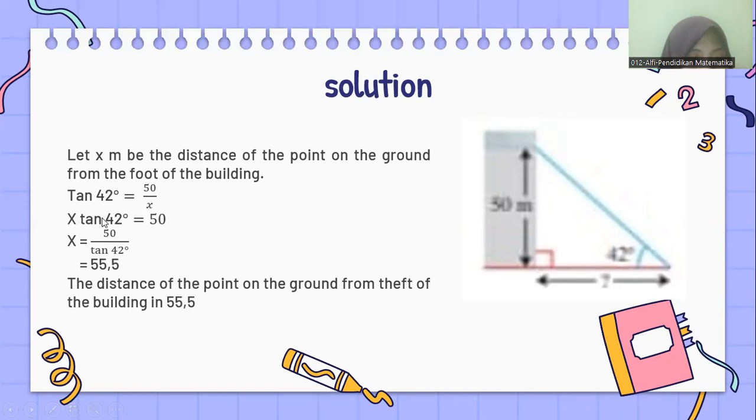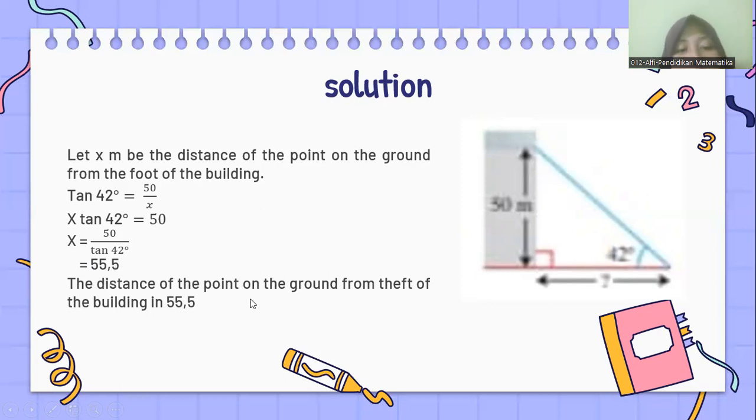So x is equal to 50 over tan 42 degrees, which equals 55.5.